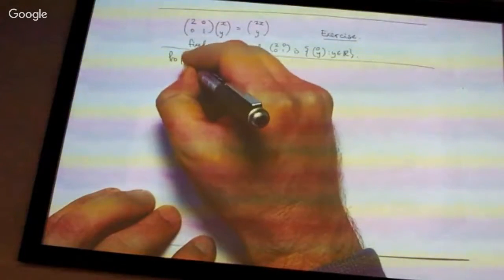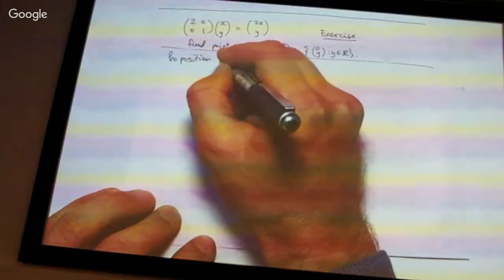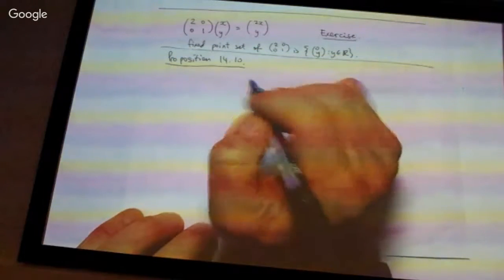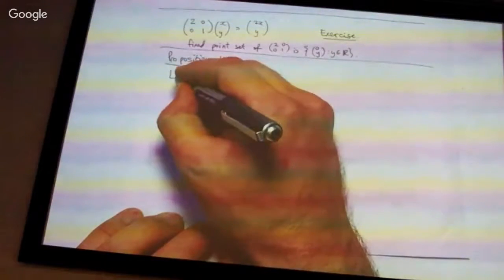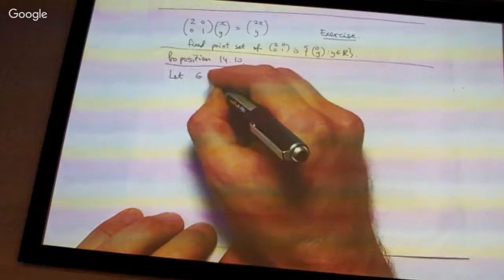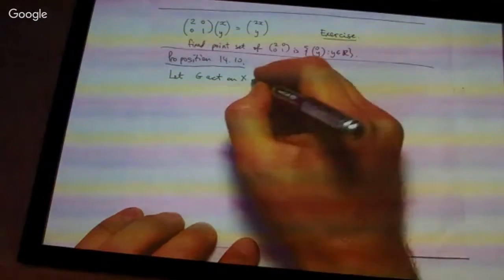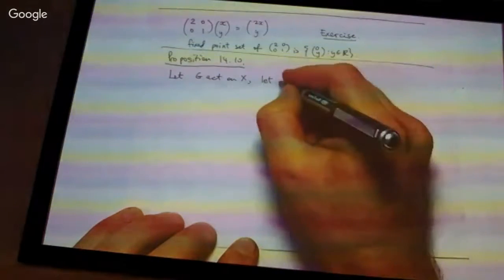So it's a proposition. Did you notice anything interesting about the stabilizers that we were looking at?